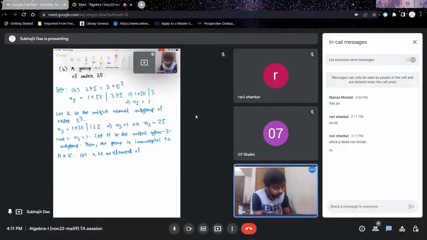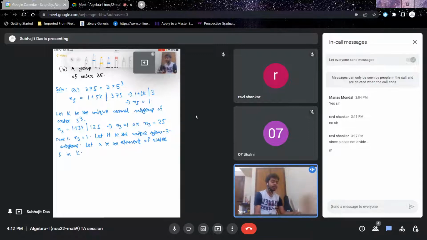okay, we can do one thing, right? We don't need all these things here. So what we can do here is let H be the unique Sylow 3 subgroup. Let A be an element of order 5 in K, right?